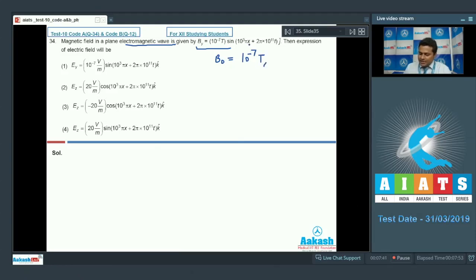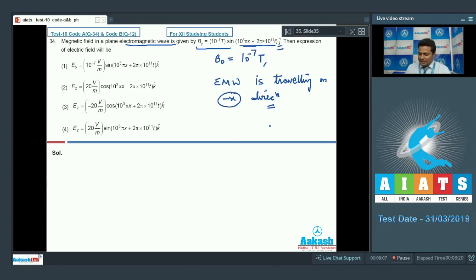And here you are getting kx plus omega t, or omega t plus kx, which says that the electromagnetic wave is traveling in negative x direction. The magnetic vector is toward j cap.